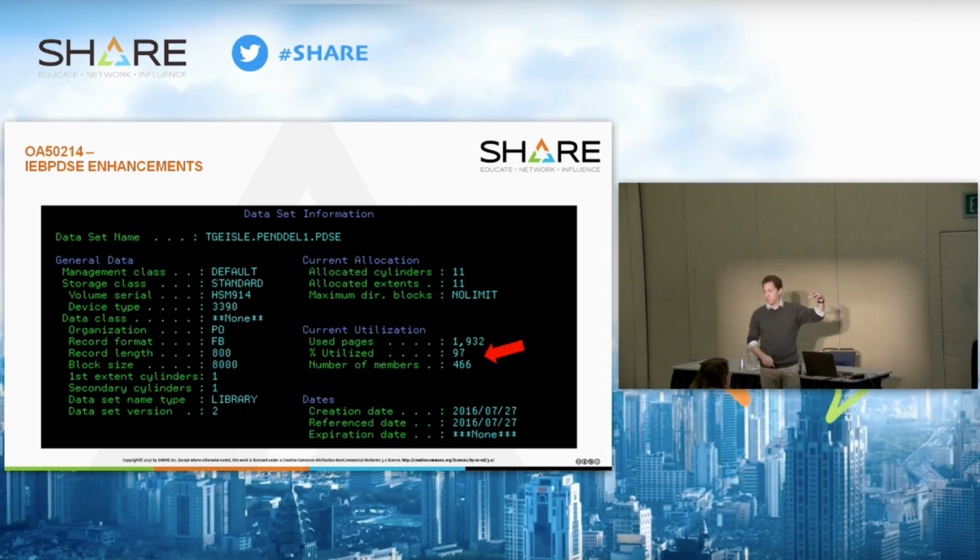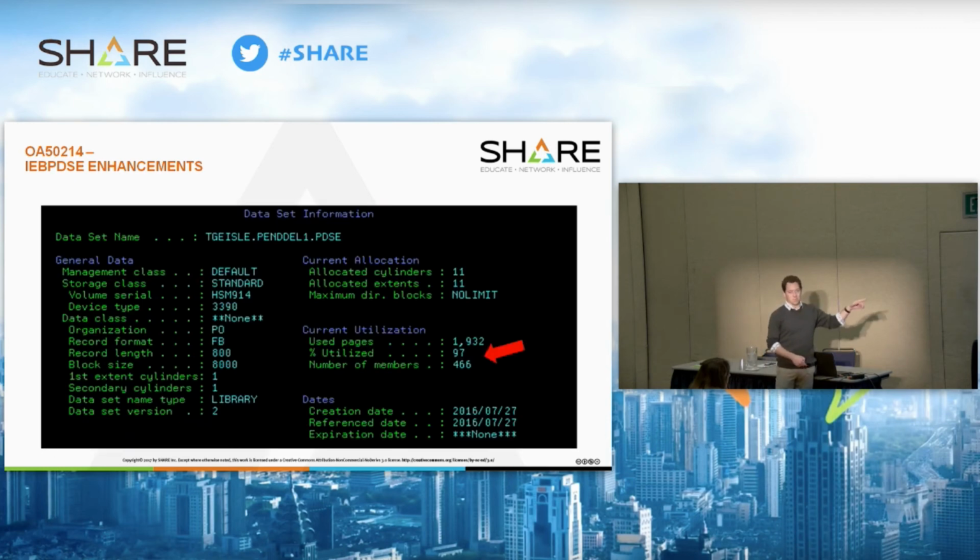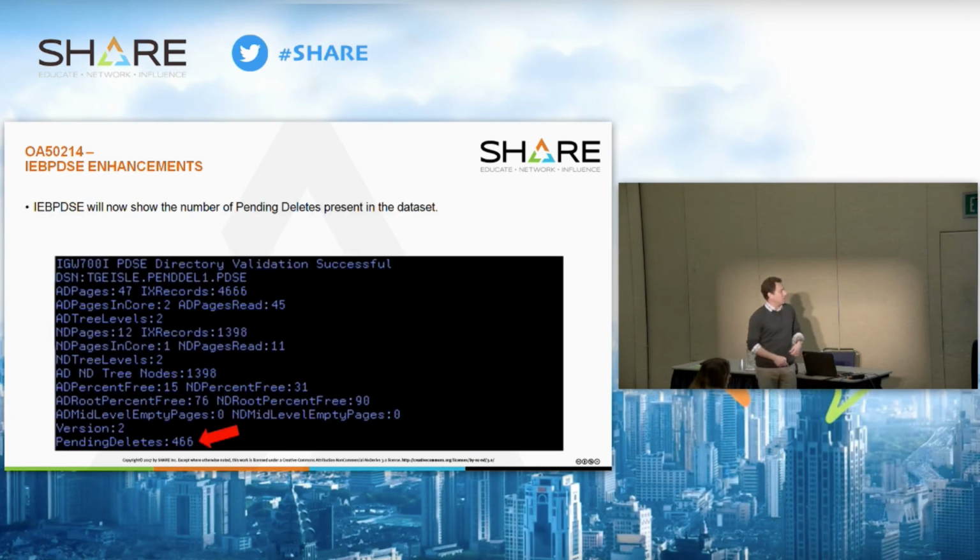This is just an example PDSE that we set up with a bunch of pending deletes in it. If we run the IEBPDSE validation tool, we now have this pending deletes count down here. In this case, we have 466 of them. What we actually did with this data set was we opened it, connected to a bunch of members, and then deleted them all and replaced them all. So we have 466 pending deletes.